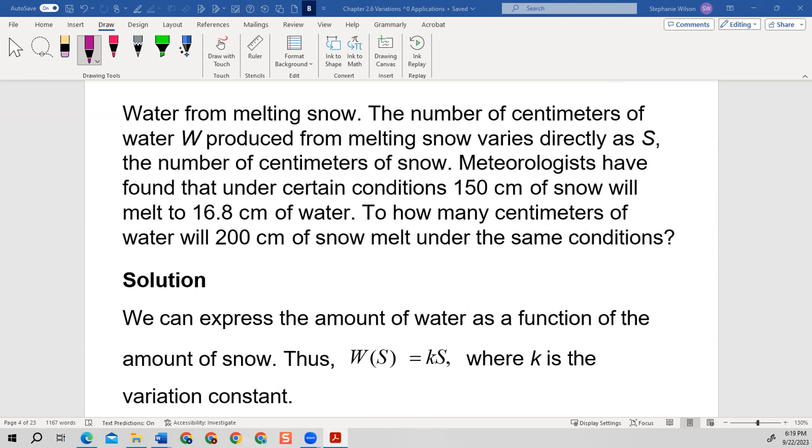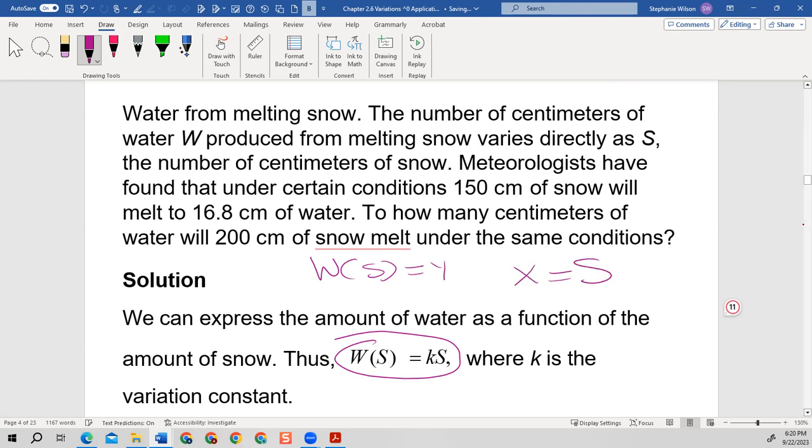To how many centimeters of water will 200 centimeters of snow melt under the same conditions? So we're given the information to use capital W for water and capital S for snow. That gives me this function: in the place of y is going to be capital W of S, and in the place of x is just going to be S. And k is still my variation constant.